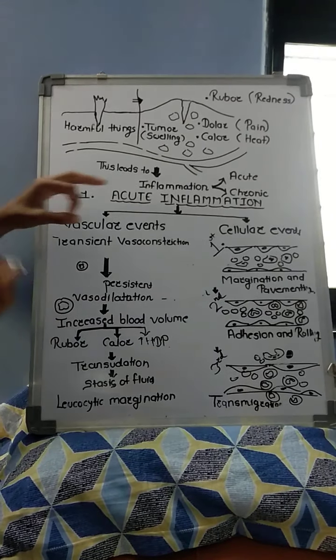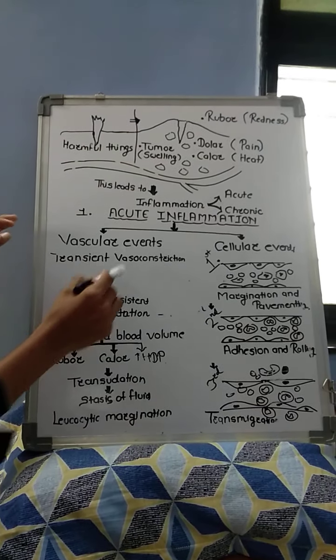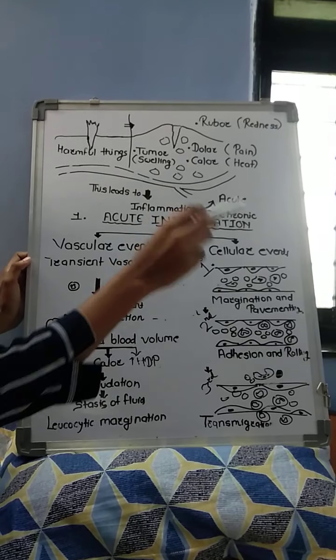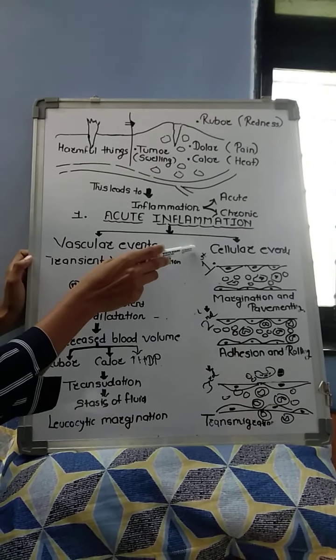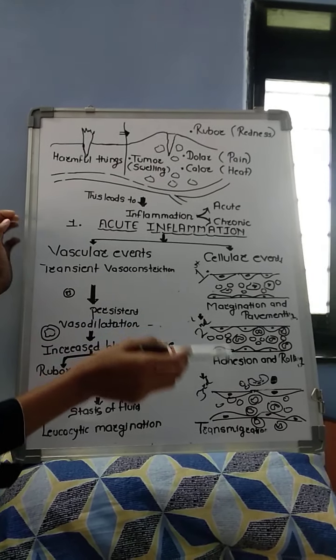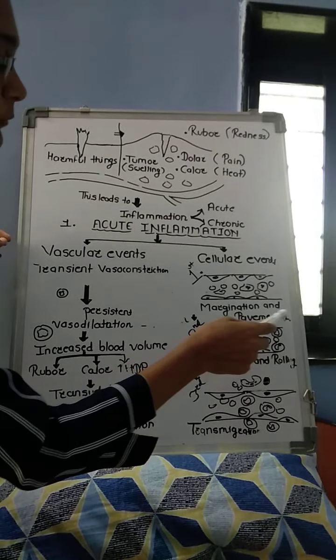What are vascular events? Those related to the vessels, that is capillaries, venules, all of that is included in the vascular event. And simultaneously, the cell, that is the functional unit of life, has events taking place in the cellular event. What happens at the cell level? That is red blood cells, leukocytes. First there is margination and pavementing.